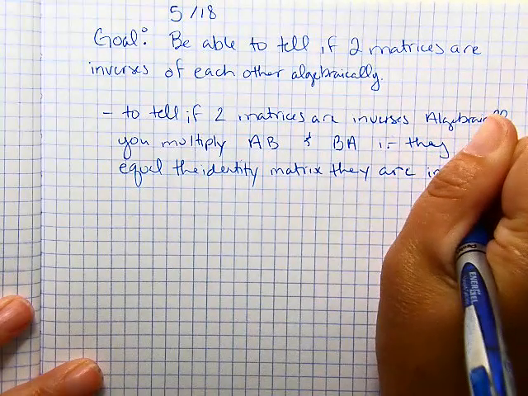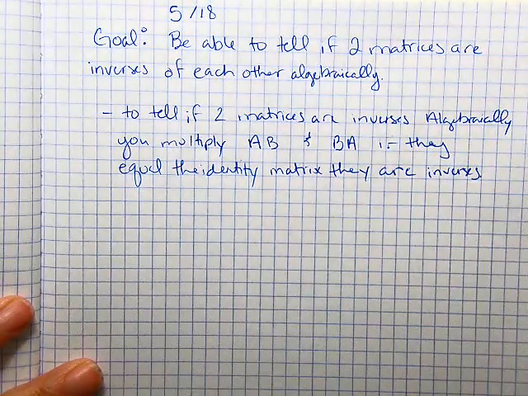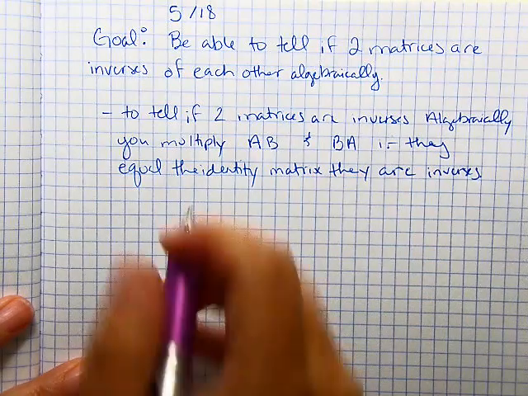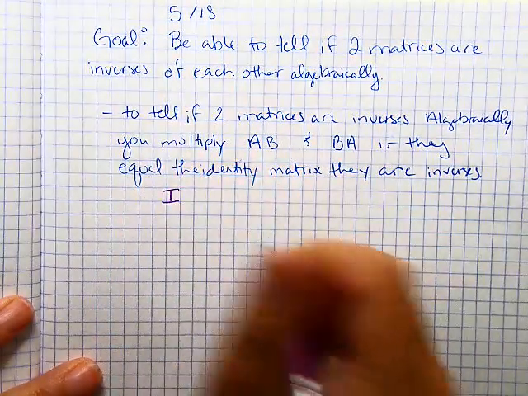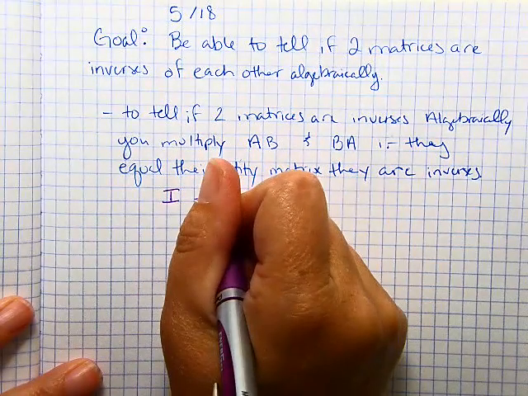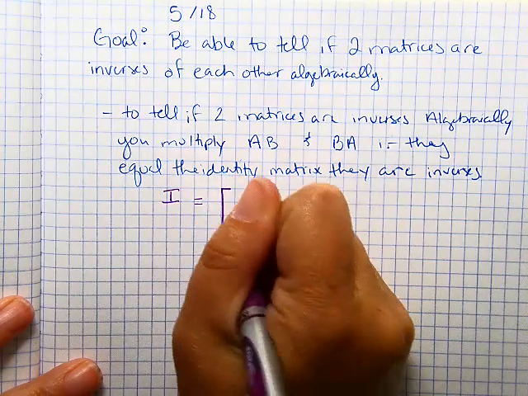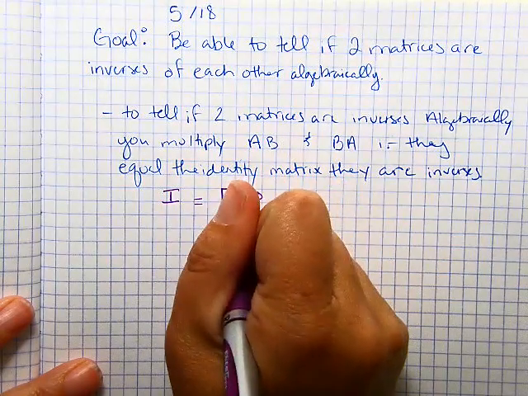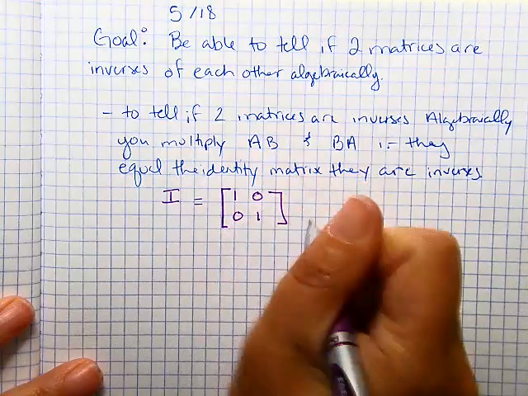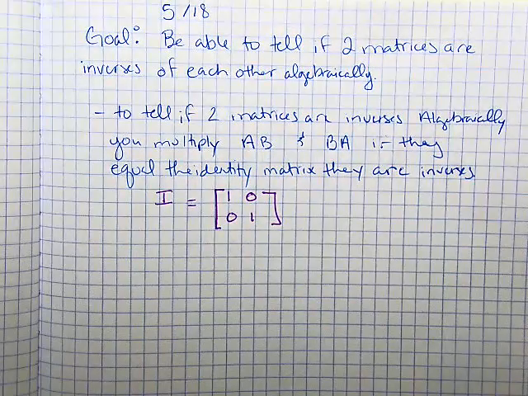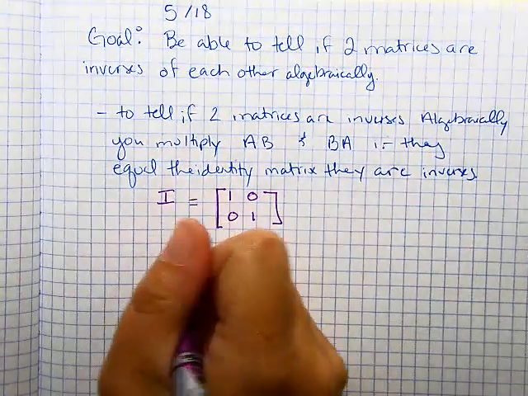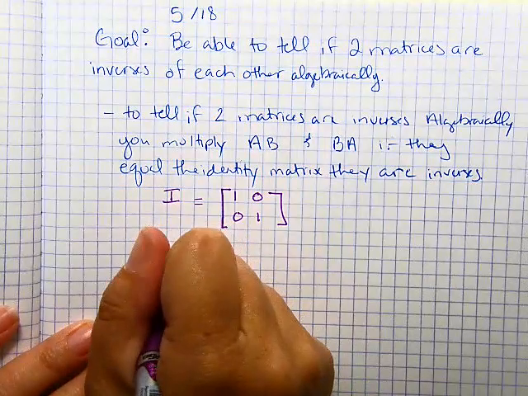And you may be asking, what's the identity matrix? And so I'm going to go purple. The identity matrix is represented with I, and it is a square matrix with ones on the diagonal and zeros everywhere else.